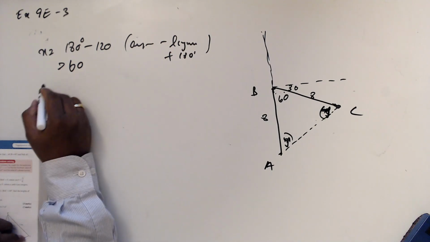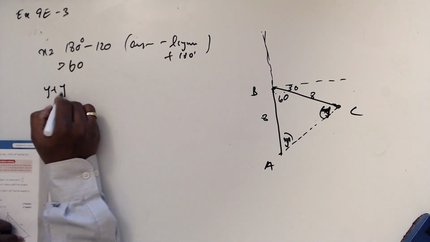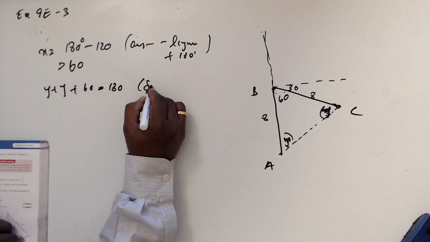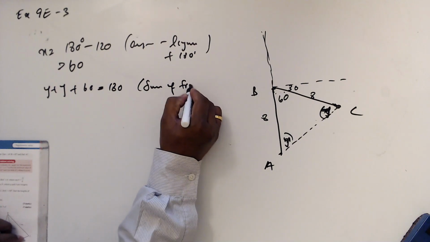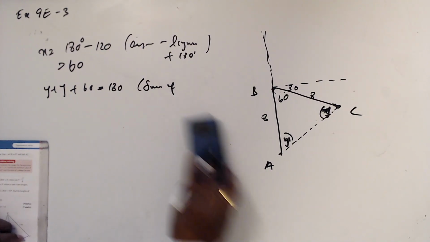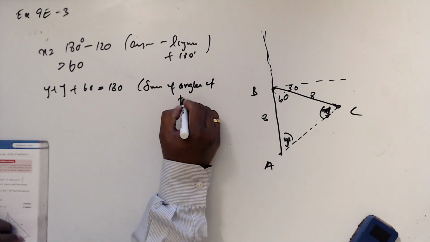So y plus y plus 60 equal 180, sum of angles of triangles.